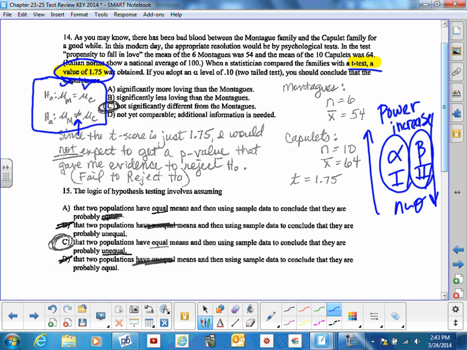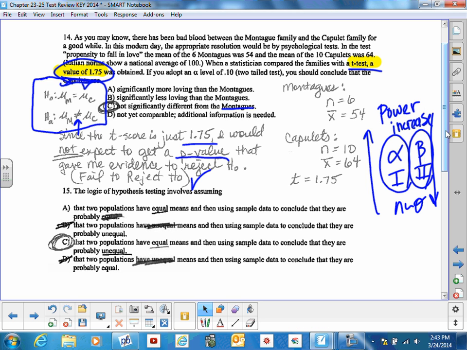So I am not concerned that my sample is a whacked out, way outside sample that calls into question the null hypothesis. In summary, since this test is just 1.75, I would not expect to get a really small p-value that would cause me to reject the null, so therefore I'm going to fail to reject. Therefore, actually I marked over the question, the Capulets are not significantly different from the Montagues.